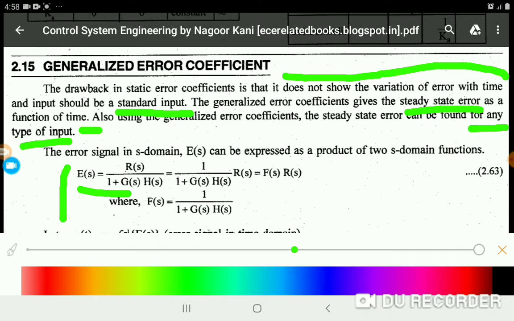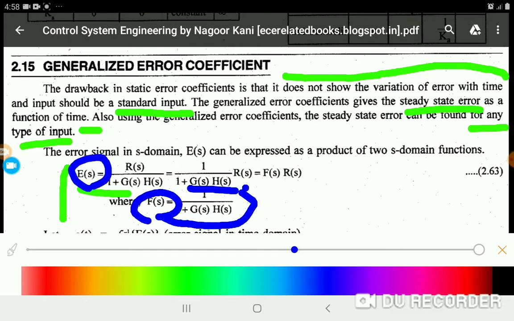Now I am writing it in a form that is 1 by 1 plus G of s H of s into R of s. I am handling this 1 by 1 plus G of s H of s as f of s. So this expression is E of s equal to f of s R of s.